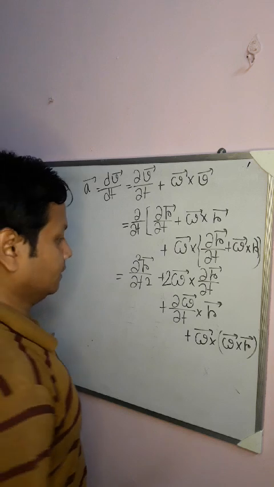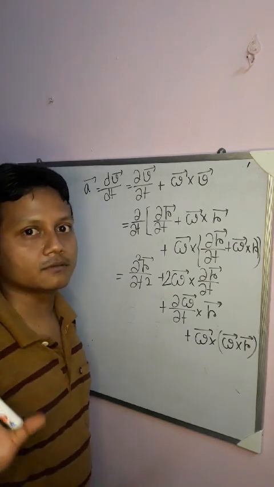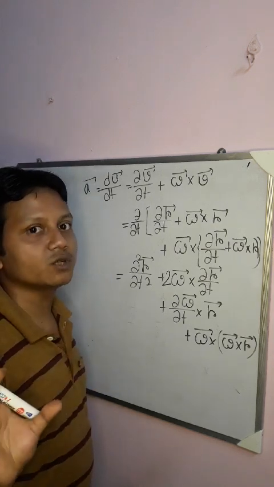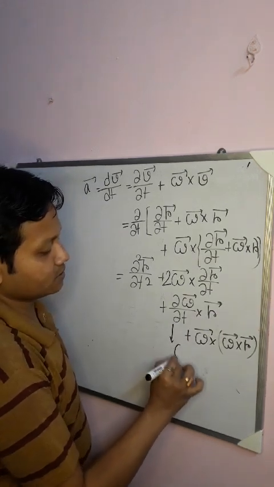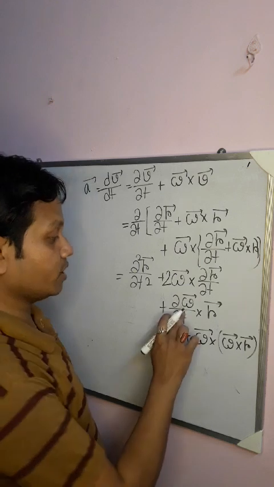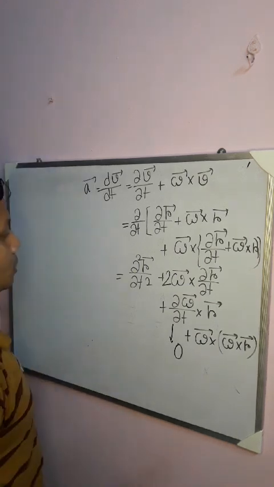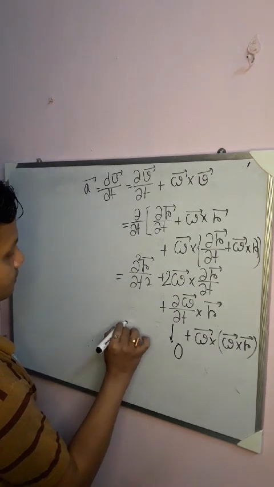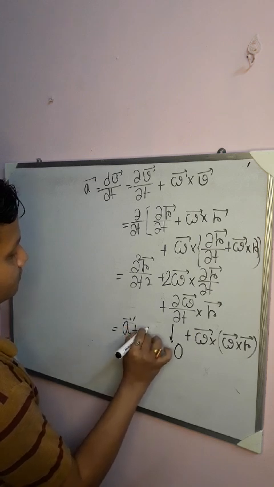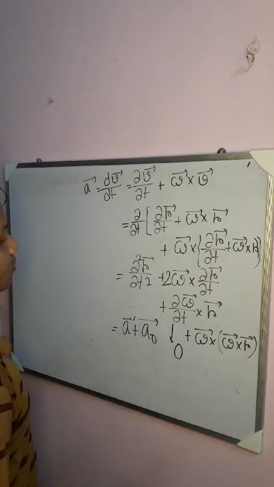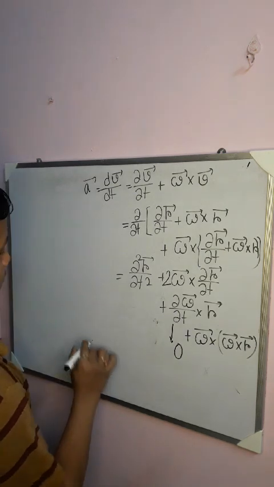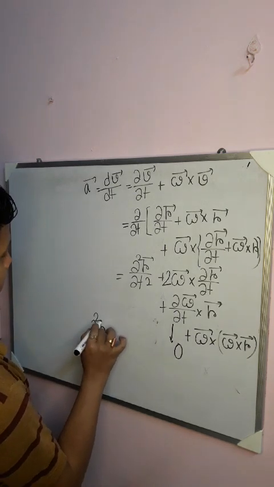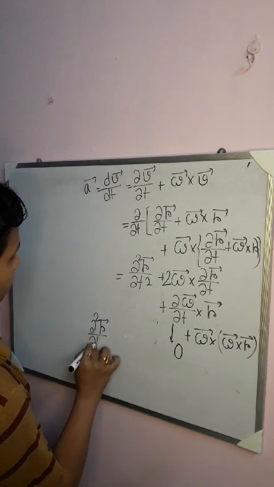Now suppose the frame S dash is rotating with constant angular velocity. Under this condition, this term is 0, because omega is constant. Now this is a dash and the rest of the terms are a naught. Now what is del 2r/del t2?